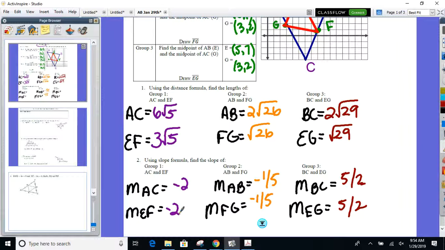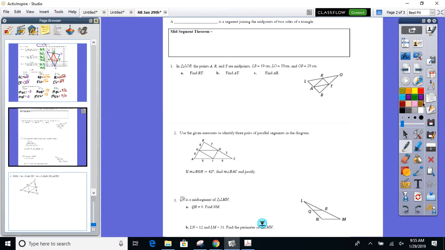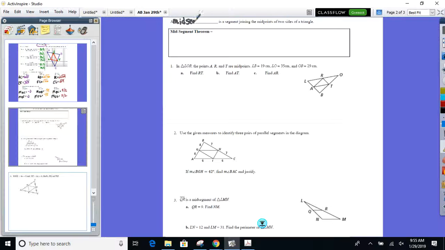Okay, here were the distances, and here were the slopes. All right, so let's go and figure out the 2 things we know. What are we calling all those segments again that we joined by the midpoints? Okay, it's called the mid-segment. No big deal. All right, there's the mid-segment.